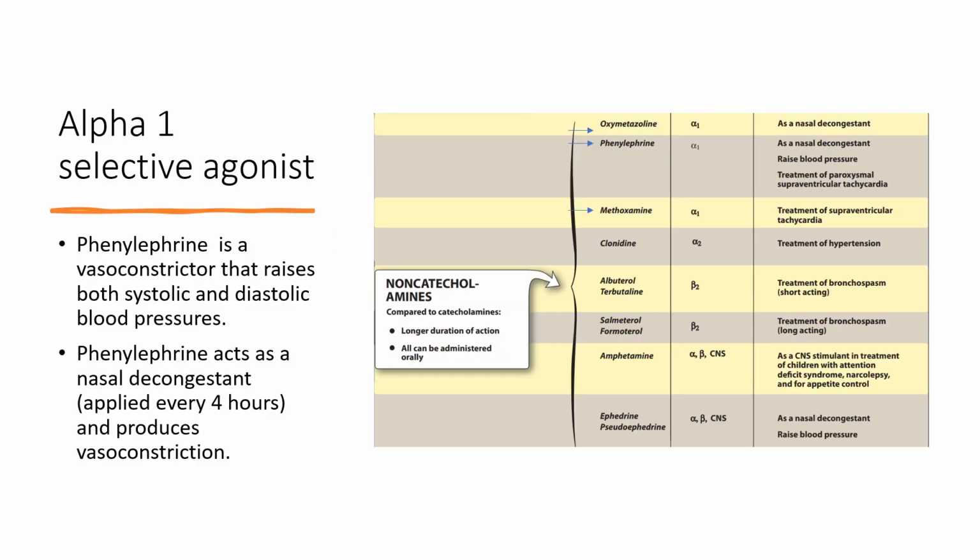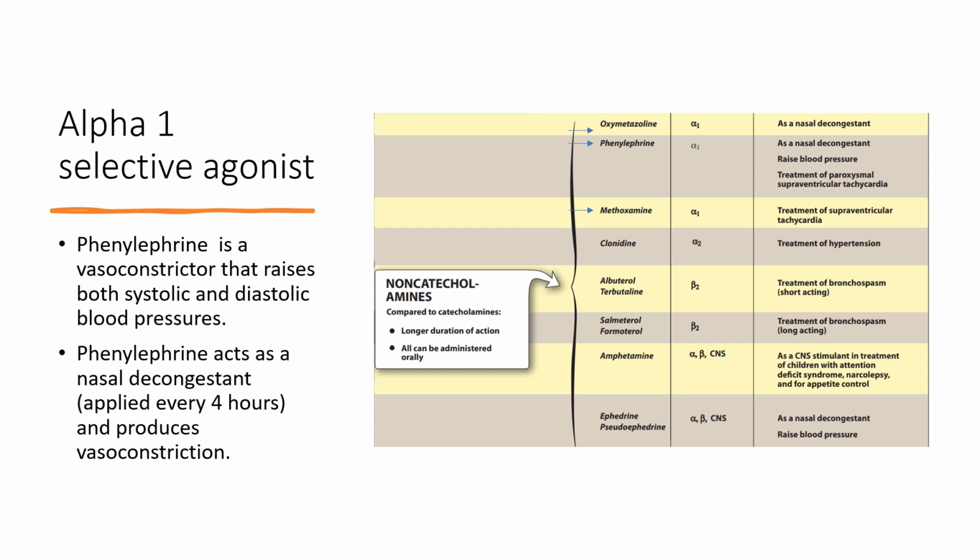Now we will discuss the alpha 1 selective agonists. As the name itself tells us, these drugs will only select alpha 1 receptors and cause the physiological response.